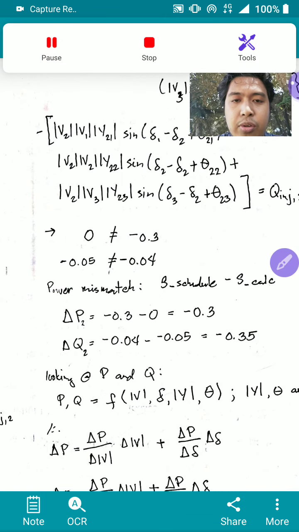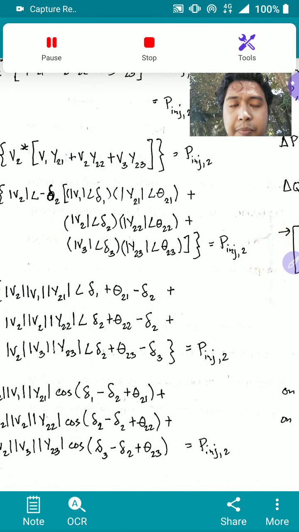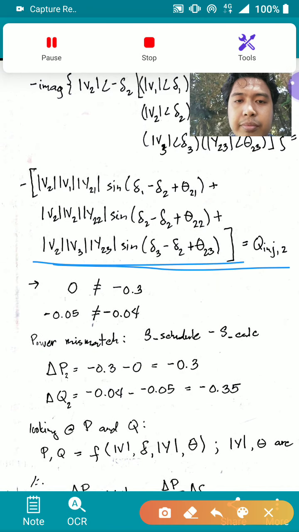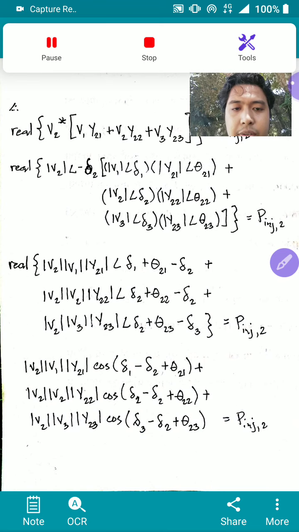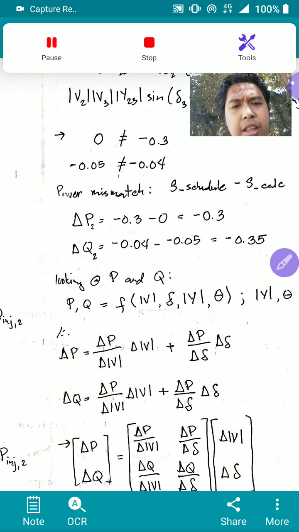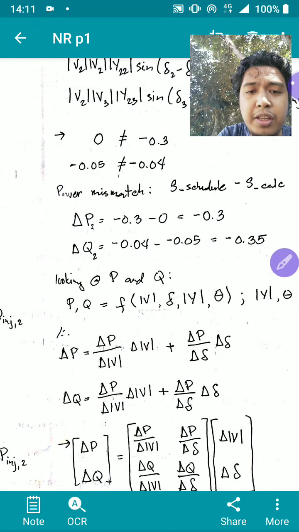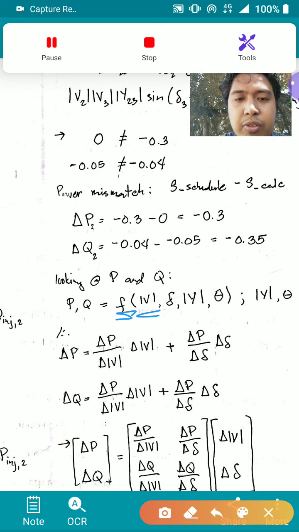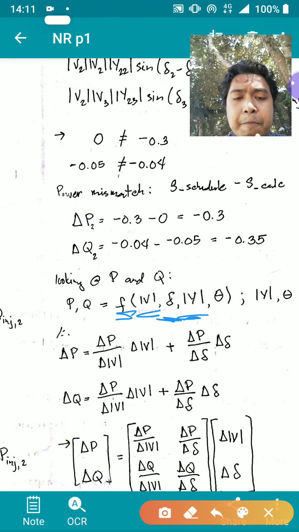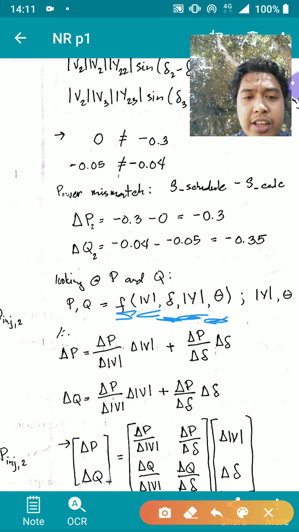Okay, so looking at the equation of P and Q, I think I was able to mention this in Gauss-Seidel. Your P and Q is a function of voltage magnitude, voltage angle, admittance magnitude, and admittance angle.